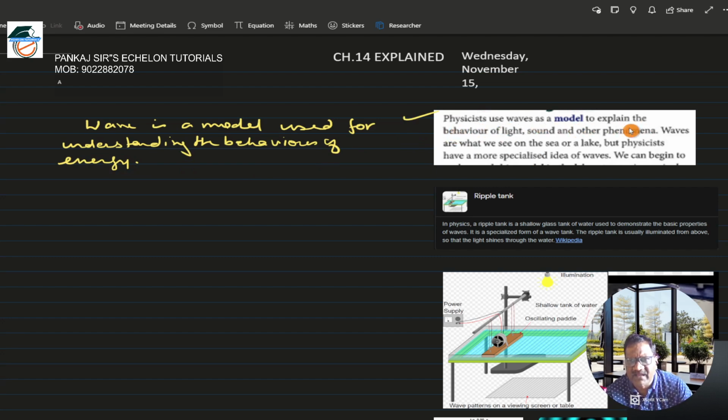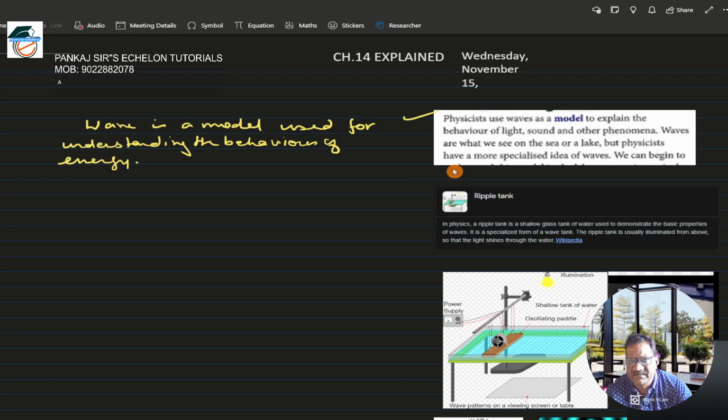Here it is written that physicists use waves as a model to explain the behavior of light, sound, and other phenomena. Waves are what we see on the sea or the lake, but physicists have a more specialized idea of a wave. What we see is a wave in a sea, a lake, a water body, or a water tank, ripples kind of a thing.